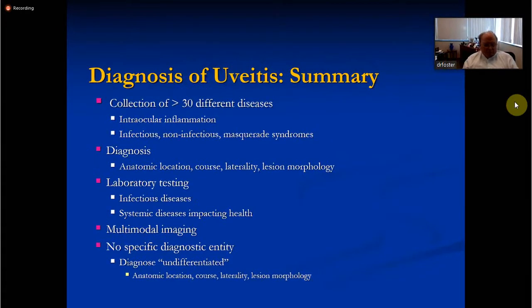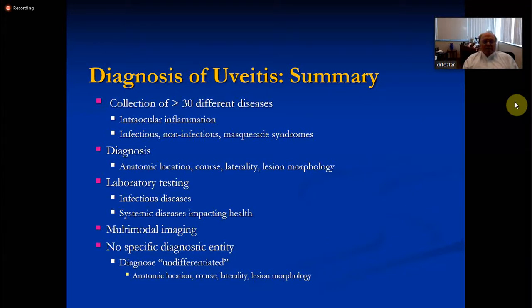So in summary, in the last minute that I have for this segment of this lecture, one wants to try as best one can, through being eloquent in the discussion, describing the uveitis, the presence of the inflammation.